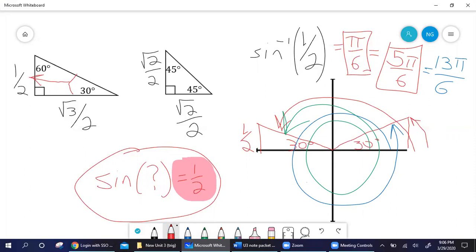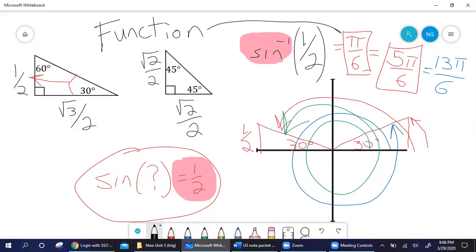Why is this an issue? Well, if I'm saying that inverse sine is a function, that's the key word here, a function can only have one output. Inverse sine of 1/2 could actually have infinitely many outputs. Mathematicians realized this was going to be a problem.